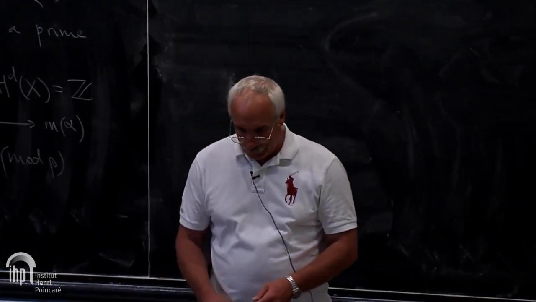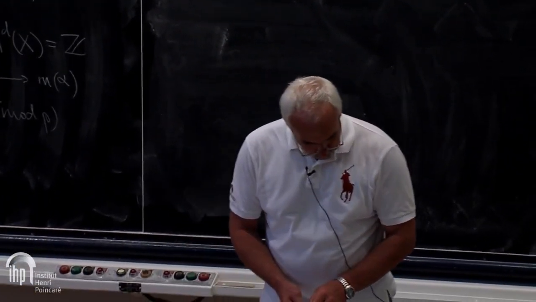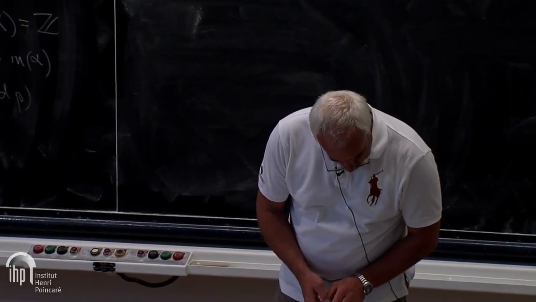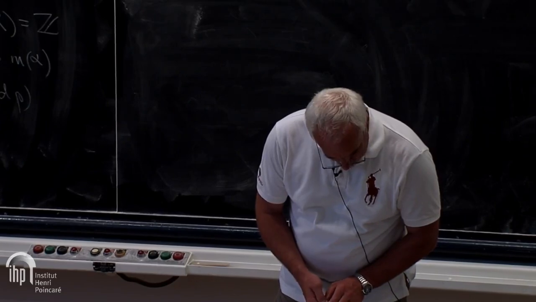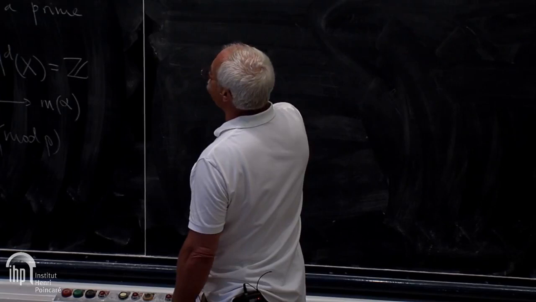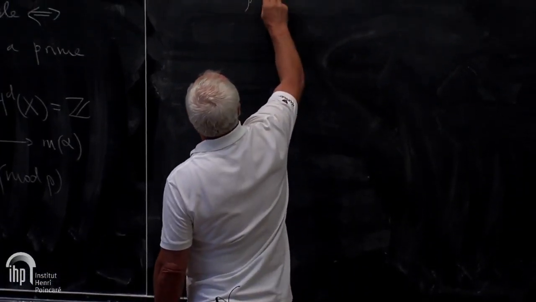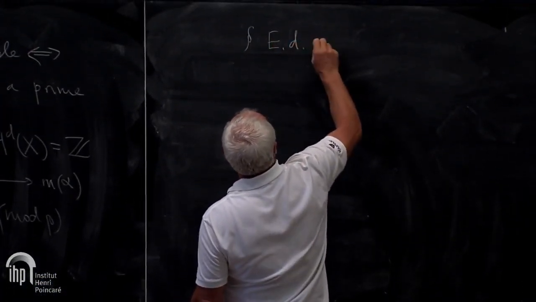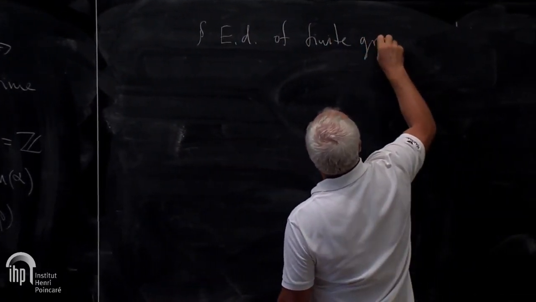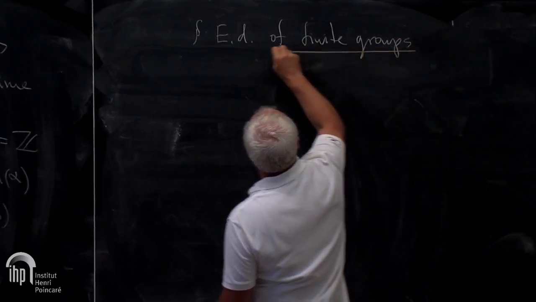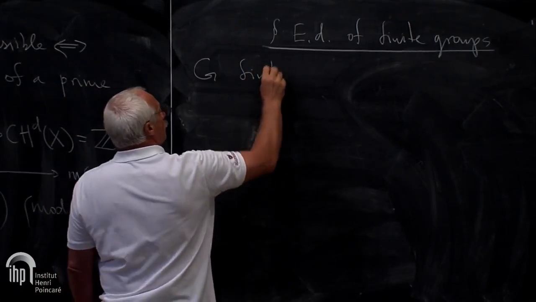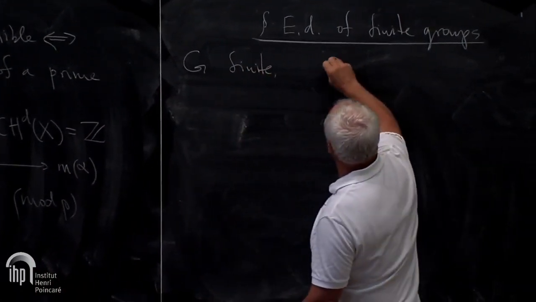Okay. I would like to come back to the essential dimension, and the essential dimension of finite groups. So let's take a finite group G. So what is a G torsor?